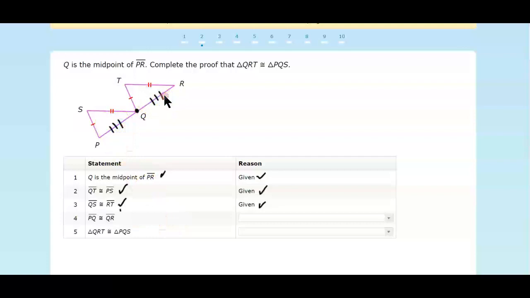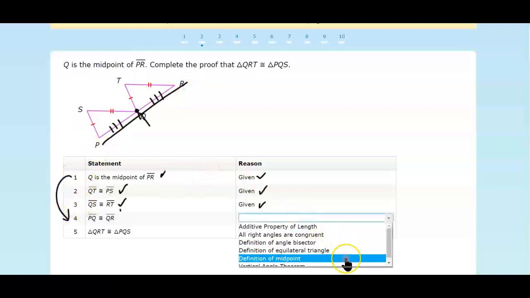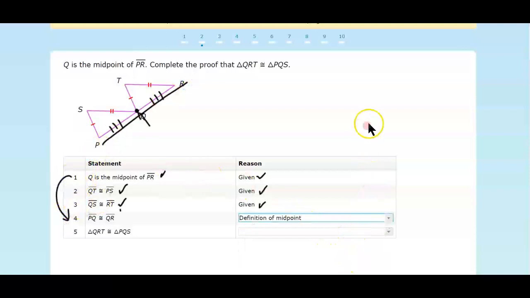Why would PQ be congruent to QR? How would I know that, Angelina? There we go. We had our midpoint here. Q was the midpoint of PR. So this must be based on definition of midpoint.